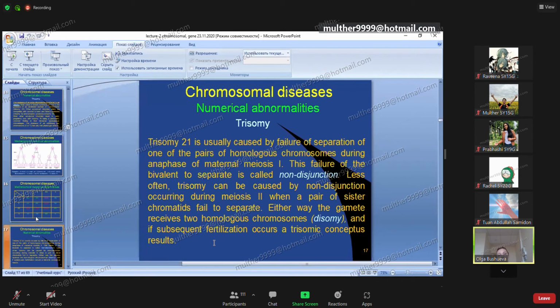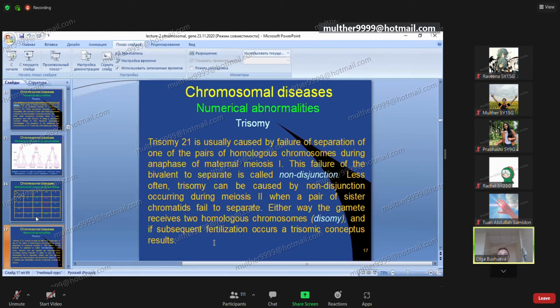So let's speak about numerical abnormalities, abnormalities associated with abnormal number of chromosomes. We'll start from trisomy. Trisomy 21 is usually caused by failure of separation of one of the pairs of homologous chromosomes during anaphase of maternal meiosis I. This failure of the bivalent to separate is called non-disjunction.